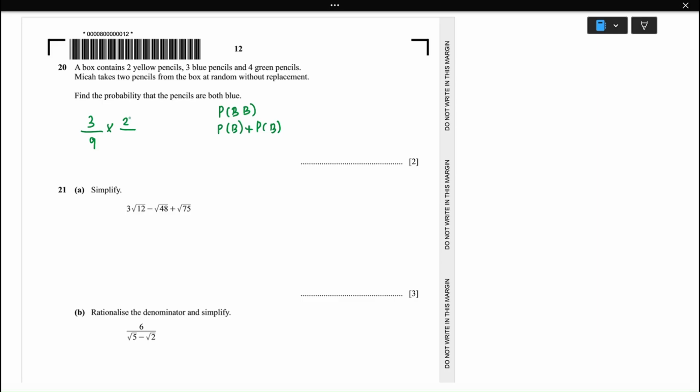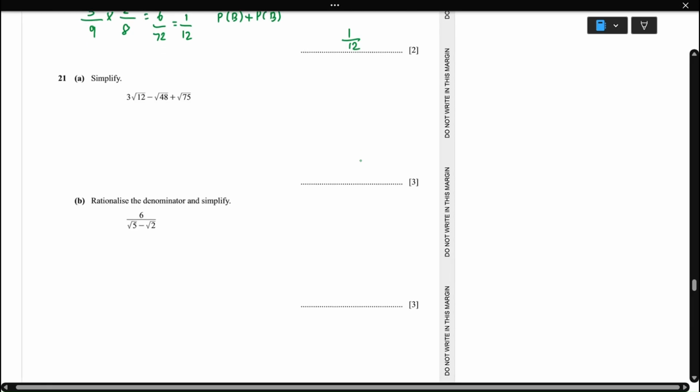Already 1 pencil is gone, so only 8 pencils are left in the box. So 2 by 8. 3 times 2 is 6 over 72. We can leave the answer 6 by 72, or reduce it by dividing both sides by 6, so we get 1 over 12.